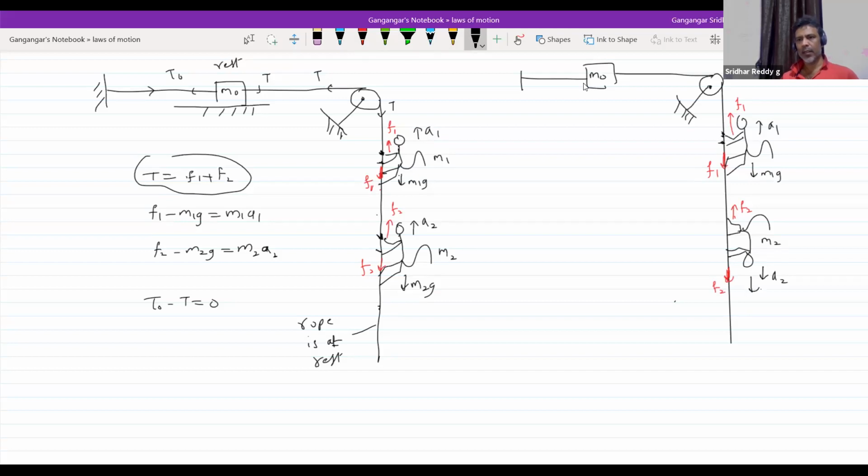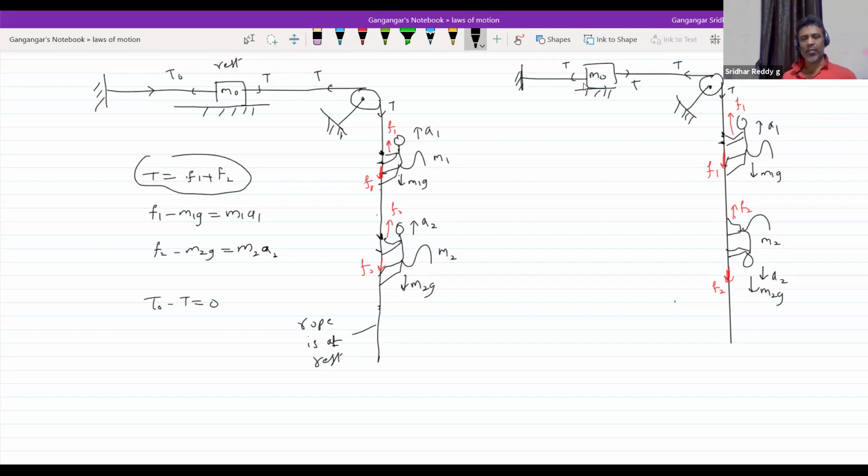This will be the weight of the monkey. Wait, I'm explaining the concept. After the concept, you can interrupt me. So here what happened? The frictional force exerted by the monkey is not sufficient. So therefore, what will happen? The monkey will slide down.